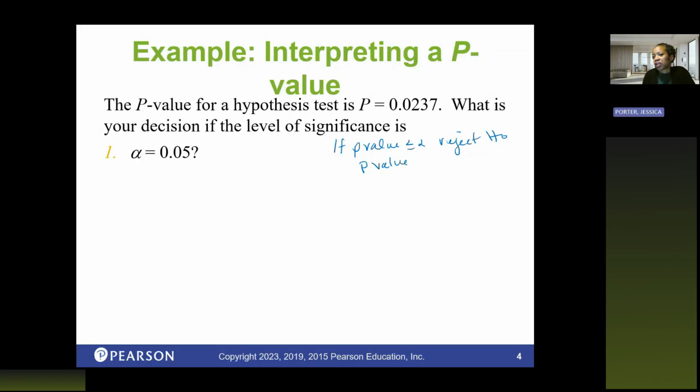I'm just going to rewrite it on the screen. So they gave us a significance level of alpha equals 0.05, and they gave us a p-value of 0.0237. Do we reject or fail to reject the null hypothesis, H sub 0?